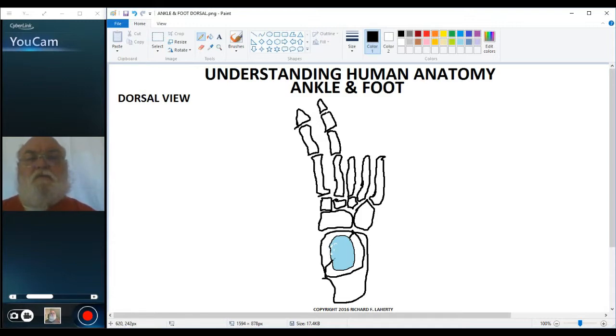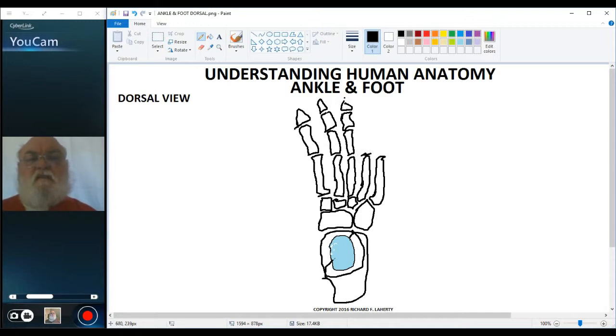a proximal, I'm drawing in the third digit now, proximal, middle, and distal.